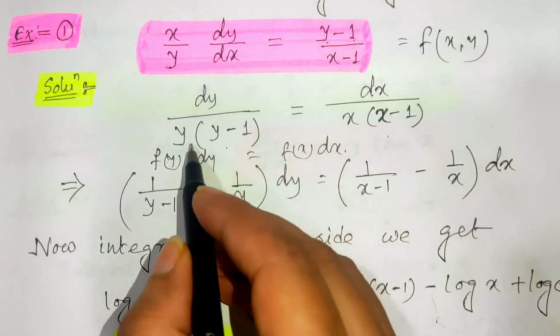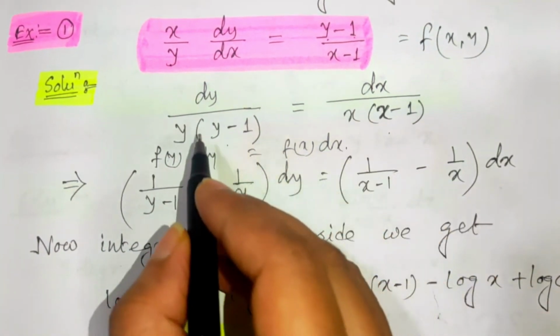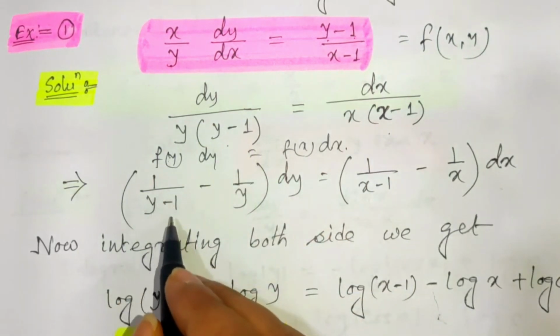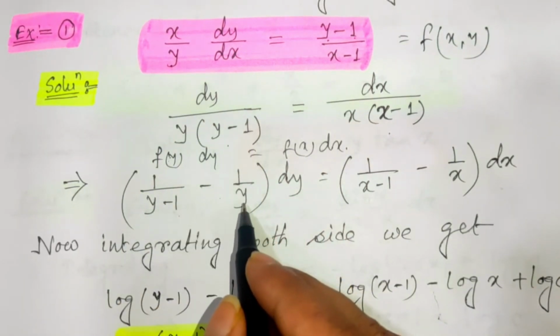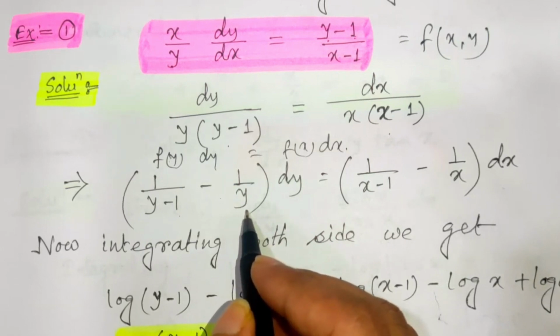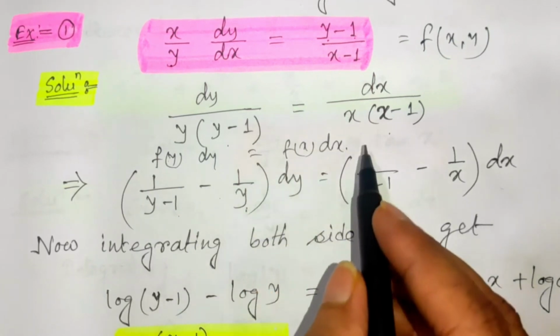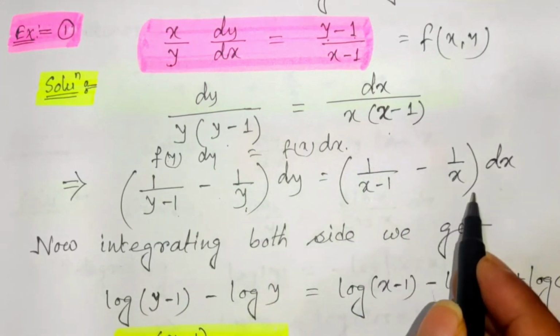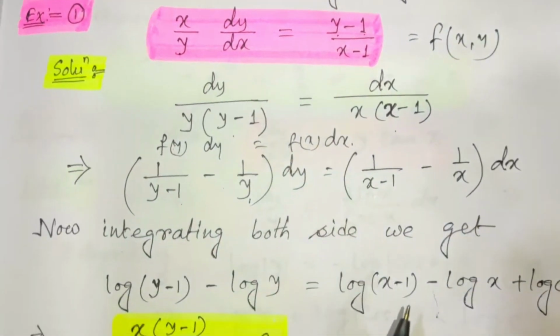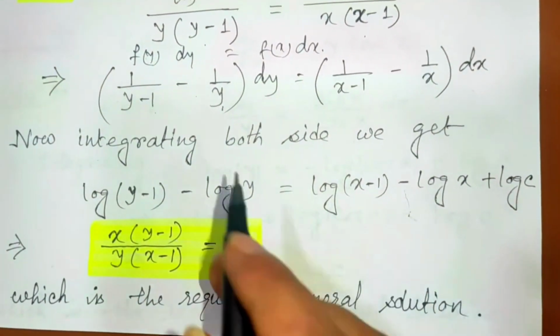Here we simplify this a bit. We write 1 divided by y into y minus 1 in this format, 1 by y minus 1 minus 1 by y, just to ensure that our integration becomes easier. In exactly the same way we can write in terms of x also, as both the terms are almost the same. Now we take the integration on both sides.